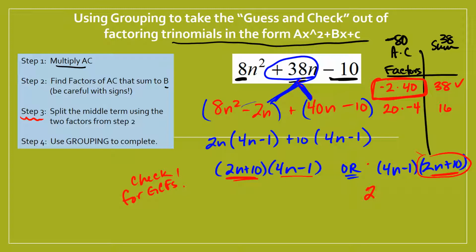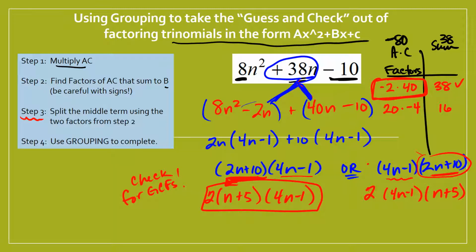But this one would not change, so it would be 4n minus 1. And this one would be n plus 5. The reason I put it in front over here is because I knew it was going to have a GCF, and it might be less confusing to have this one shown this way with the GCF out, and then the 4n minus 1 left here.